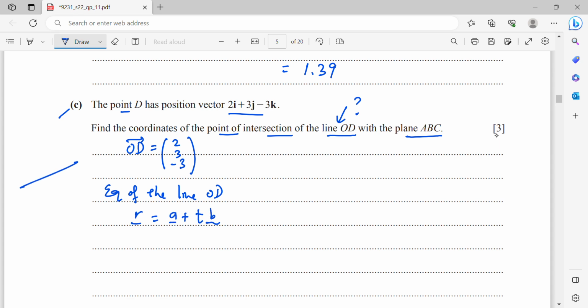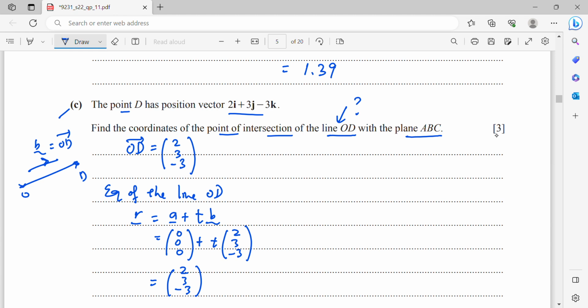So this is your O, this is D. The a here is a point on the line, I would say it is the origin, so 0, plus t. The b is the direction vector, which is my OD, which is 2, 3, minus 3.